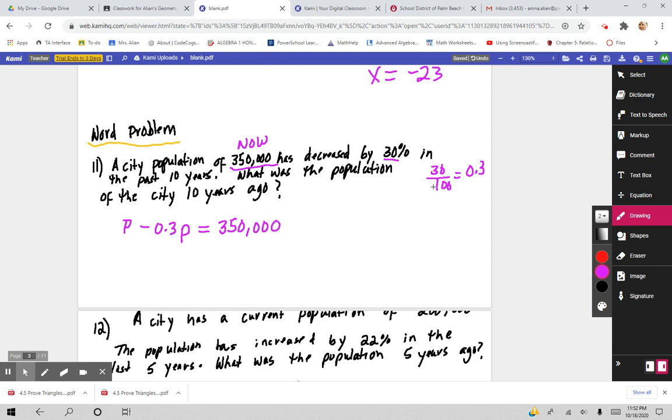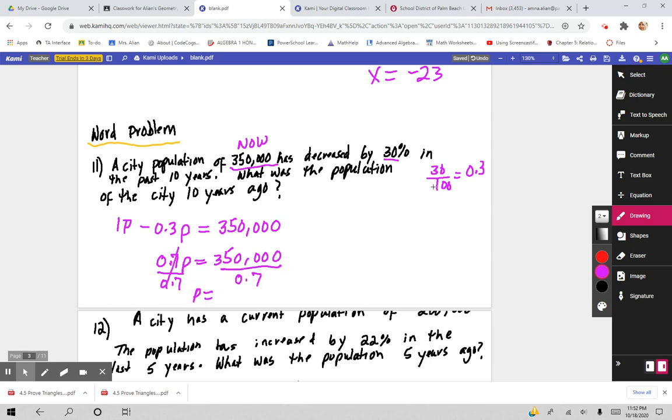So now you have written this equation, you can solve this. This is just 1p. So 1p minus 0.3p, that's 0.7p, equals 350,000. Now divide both sides by 0.7 so you can find p.